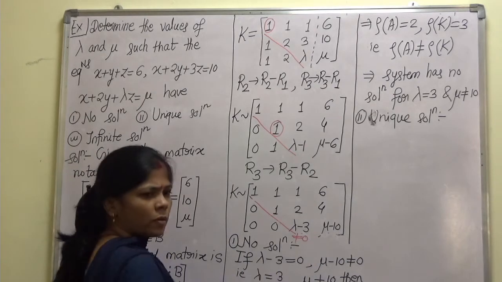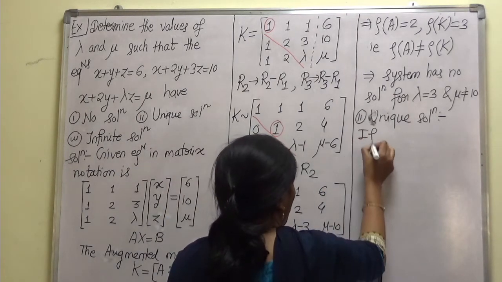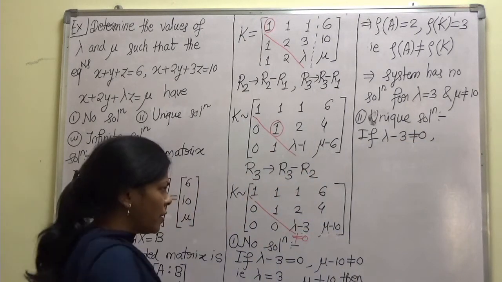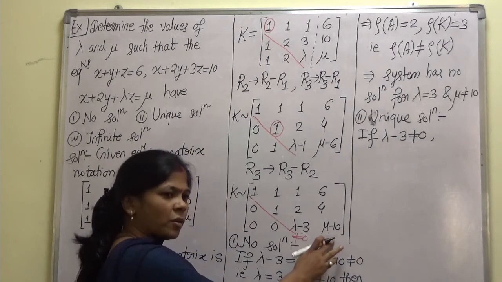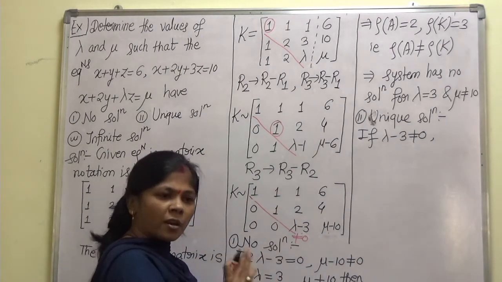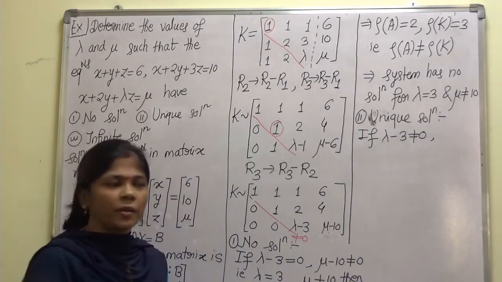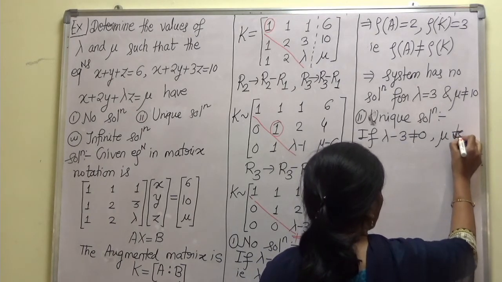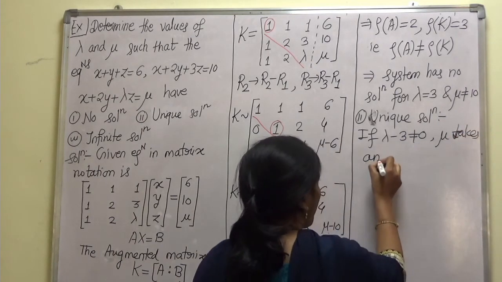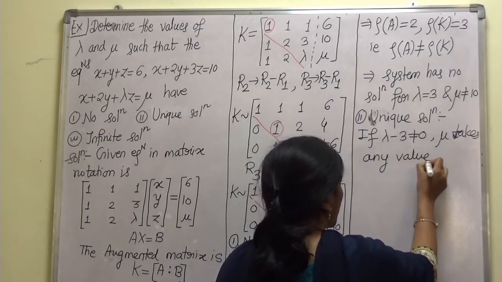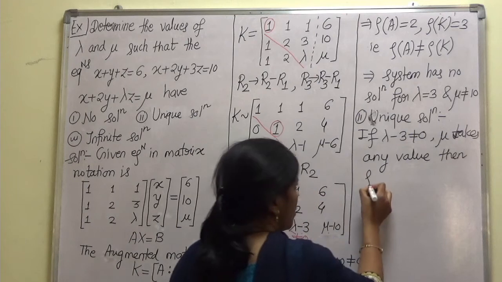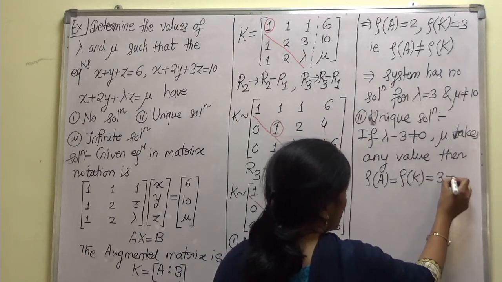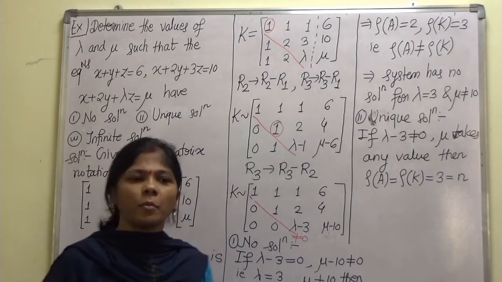So we have to show this non-zero. If lambda minus 3 is not equal to 0, we don't have to bother about this. If it is 0, then also the rank of K will be 3, and if it is not equal to 0, then also. So how to write that? We write mu takes any value. Then rank of A comes out to be equal to rank of K, which is equal to 3, which is equal to n, the number of variables.